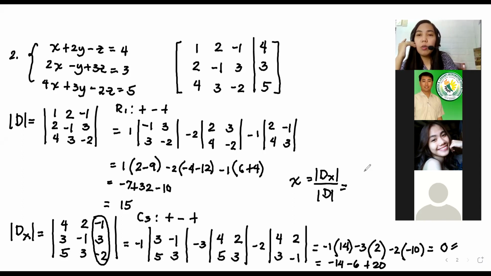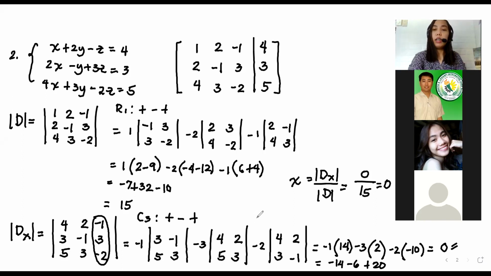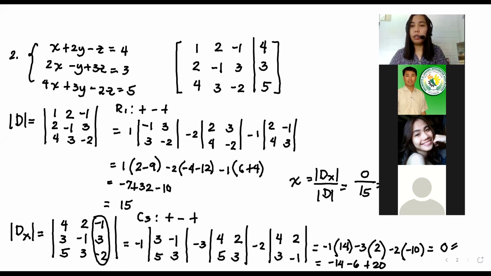So dx is 0 over 15, still 0. The value of x is 0. Next, dy.